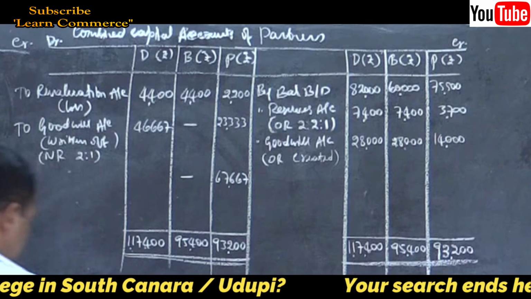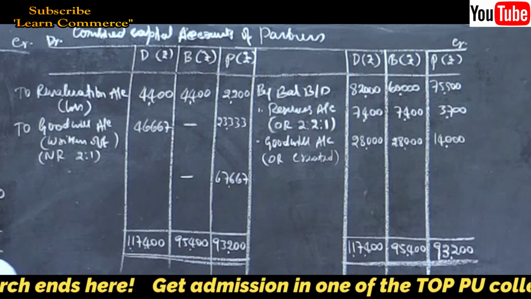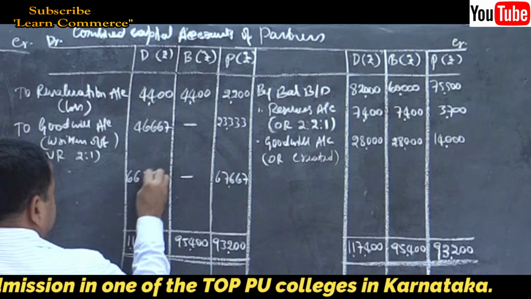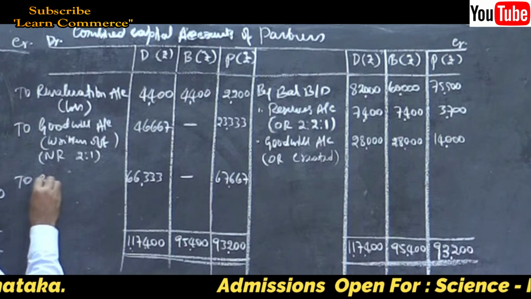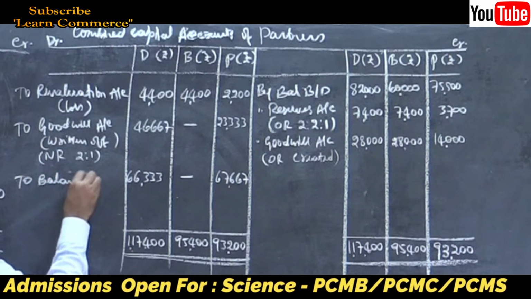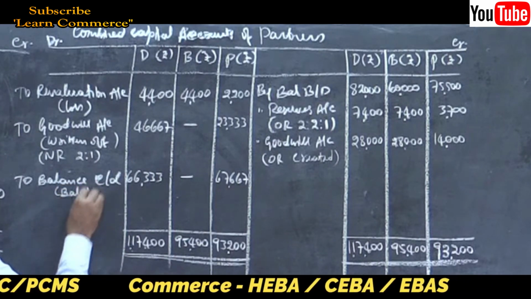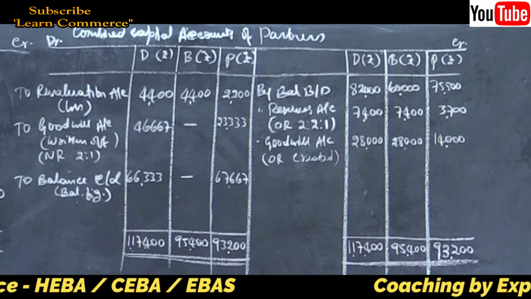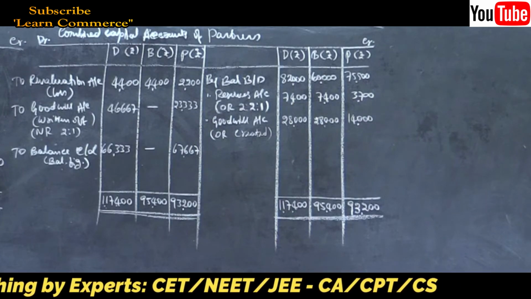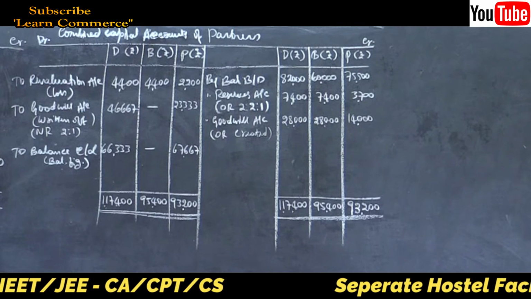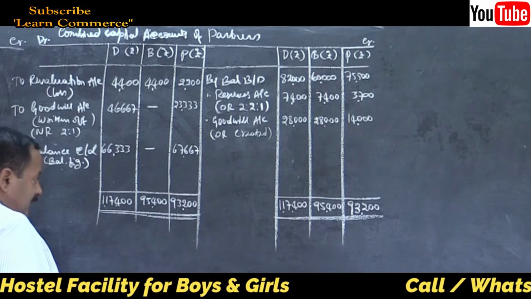Then Digvijay 66,333, written as the balancing figure, by balance carried down. Then refer to the retiring partner, that is Brigesh. Now balance his account. There is a difference of exactly 91,000.